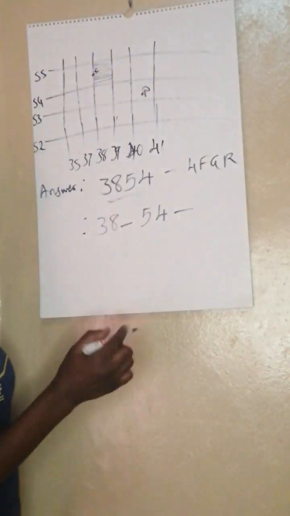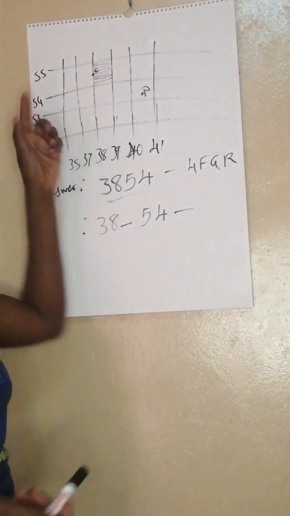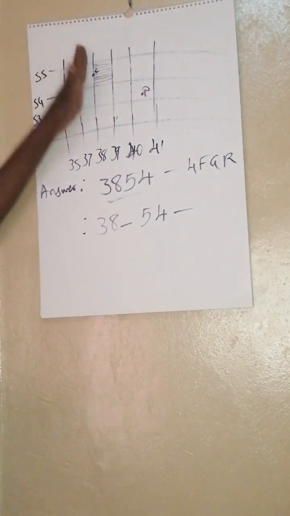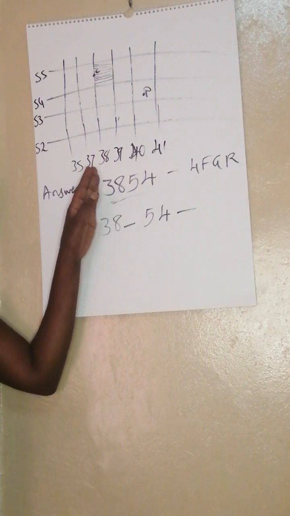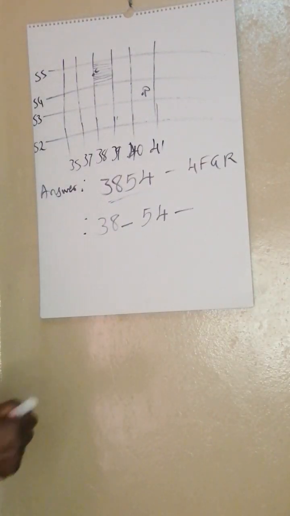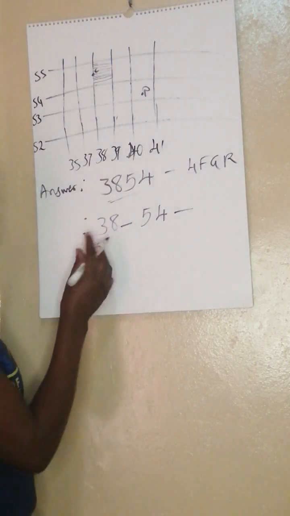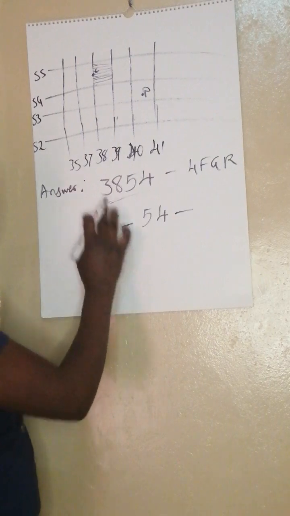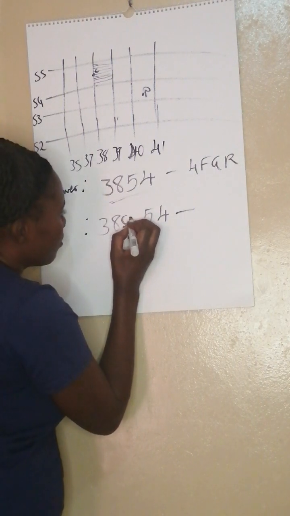So use a ruler. I said I'll only put horizontal lines because when you look at point C, it's lying on the main line, which is line 38. I don't need to put vertical lines there. So for eastings, I have 38. And since the point is lying on the line, here I have a 0.